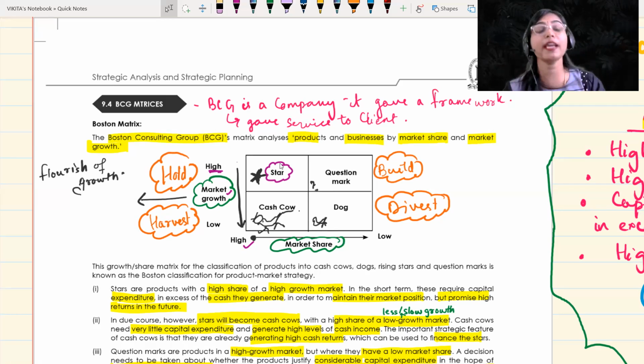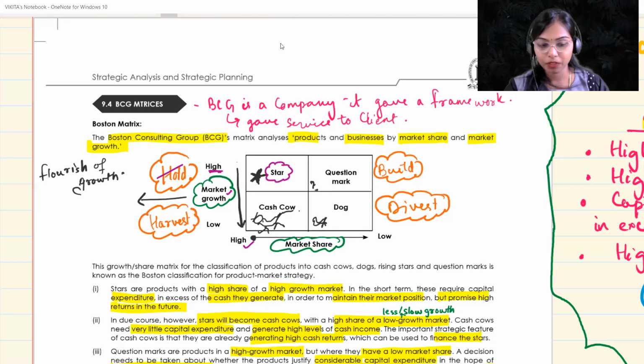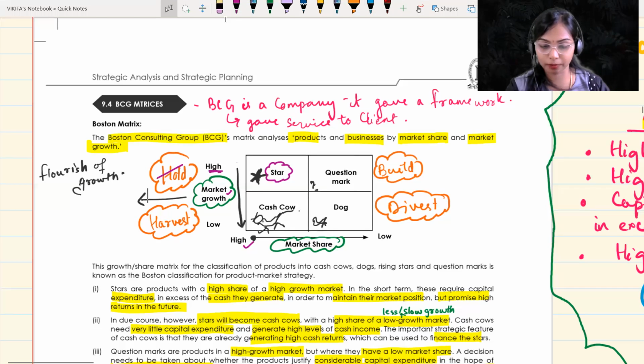So what do we do with this star product? We should always make sure that the strategy we adopt is a hold strategy. It should be what? A hold strategy.